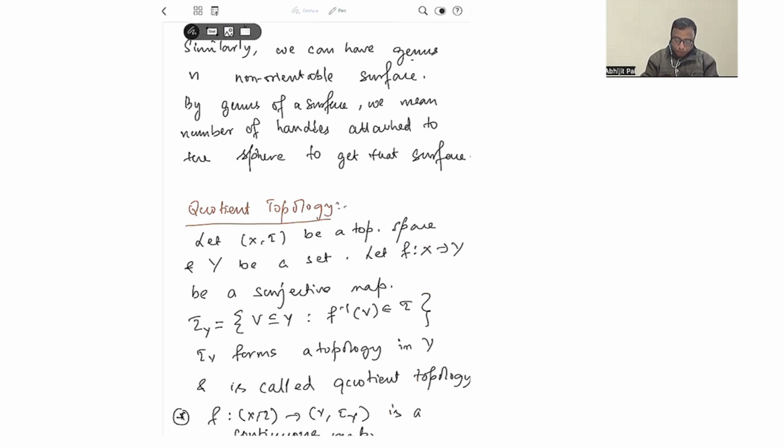The obvious way is the following: you take the collection of all subsets B of Y such that the inverse image F inverse B belongs to the topology of X. This collection forms a topology on Y, called the quotient topology, and under this topology F is a continuous map.